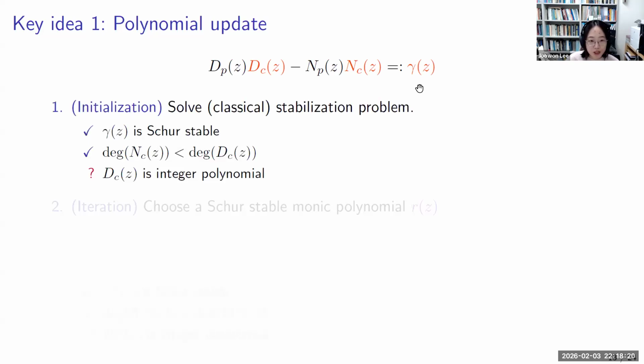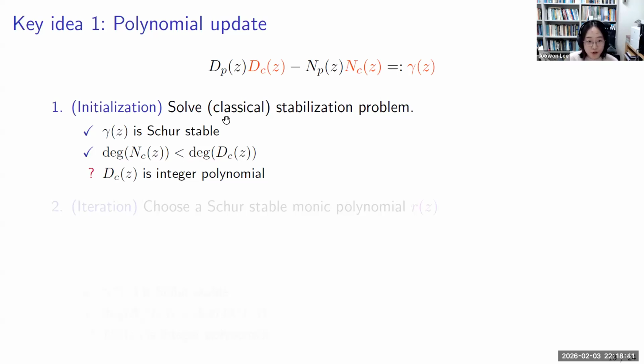So first, we initialize this DC and NC and gamma by solving a classical stabilization problem, so that gamma is a sure stable polynomial and the degree of NC is less than that of DC.